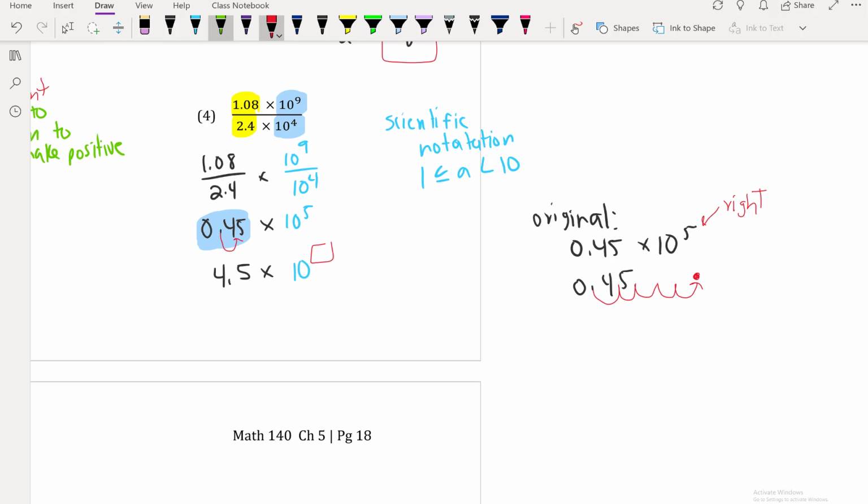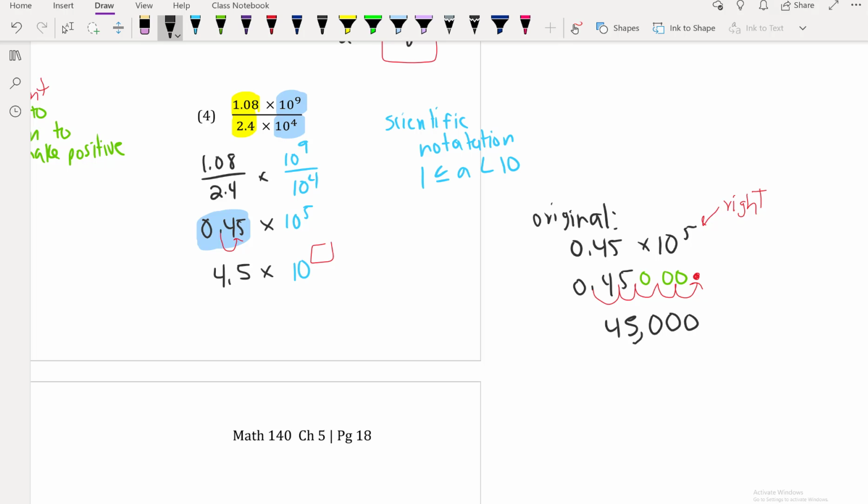And there's my decimal. So what I have here in my empty spaces is going to be zeros. So really I have 4, 5, and 3 zeros. So I really have here 45,000, right? And that's a comma. So 45,000.